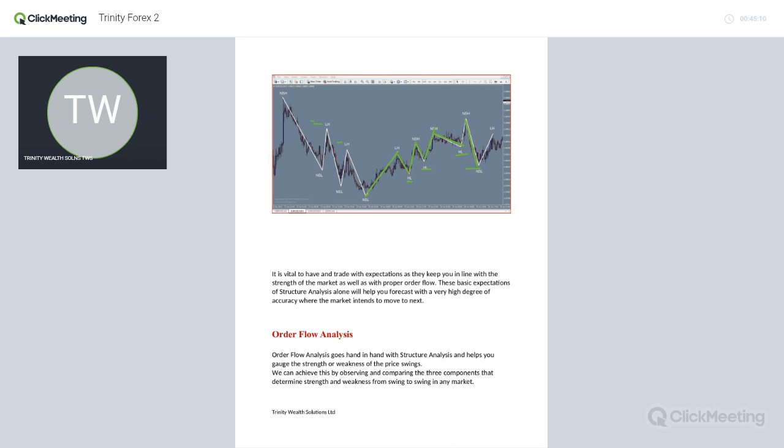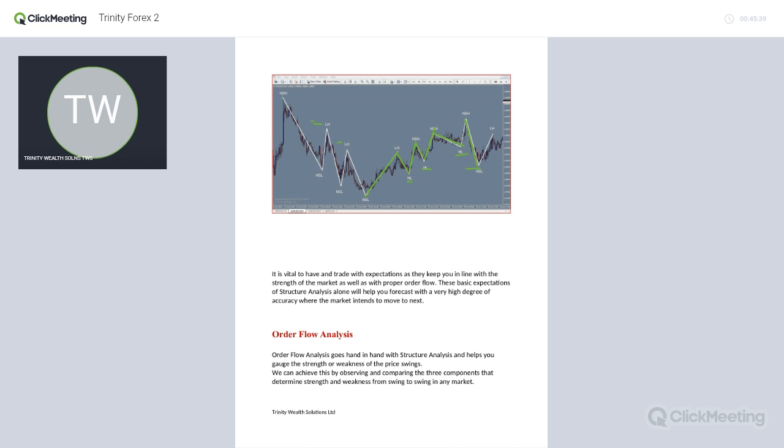If I also see the market print a reversal pattern as a confirmation that the market has reversed, even before it gives me that new structure high, I'm already prepared for a buy if it gives me a signal at the right position. So it just helps you to think ahead of the market and wait for it to confirm your expectation. Then you enter within your expectation and wait for the market to play as per your expectations. Okay, so we are under order flow analysis.